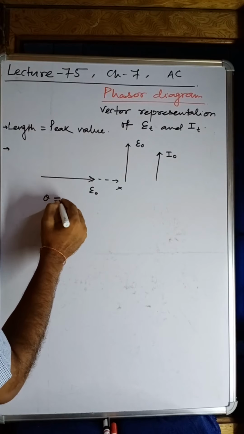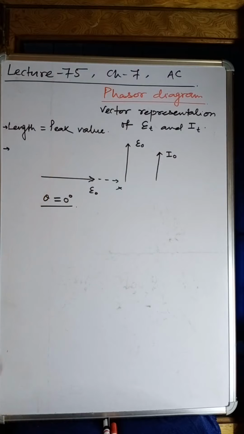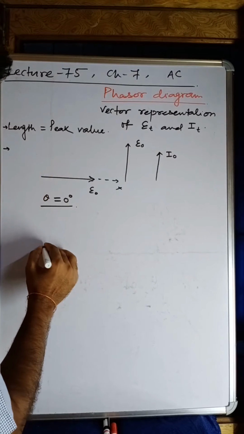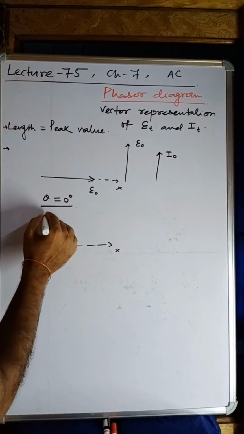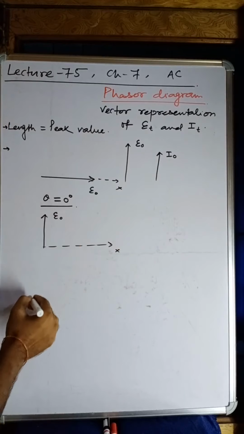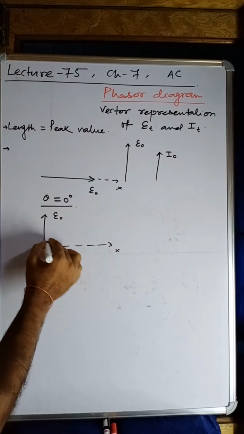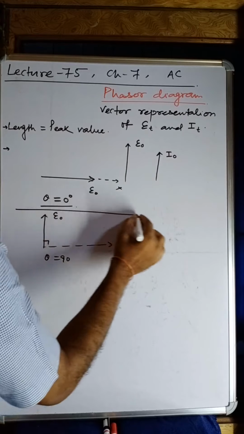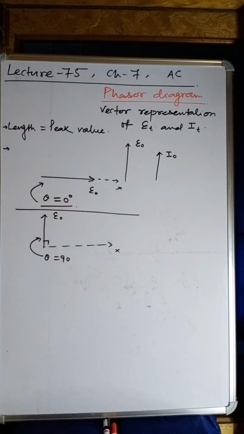In this other case, if it is the x-axis and the phasor is like this one, E naught, then you can say theta is 90 degree.